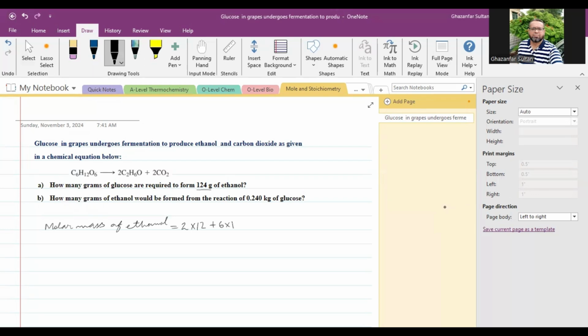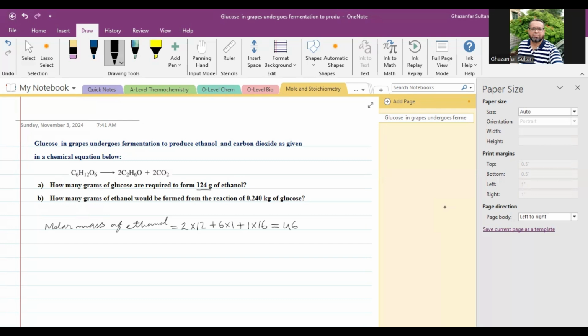These are the atomic masses: 12 for carbon, 1 for hydrogen. And there is one oxygen as well, so multiply by its atomic mass. The atomic mass of oxygen is 16. So the final answer would be 24 plus 6, 30, and 16, it is 46.